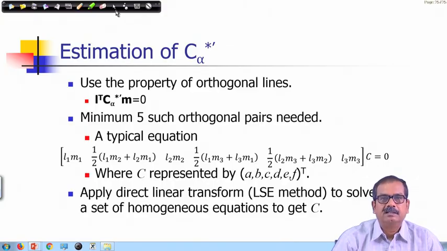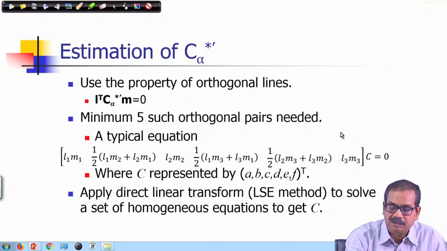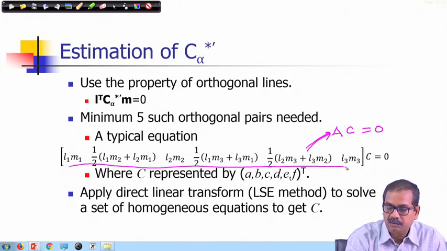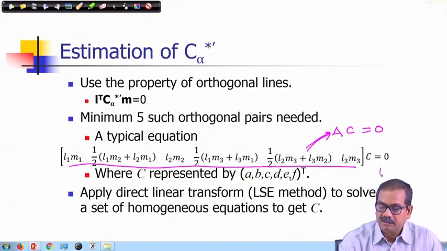We can apply the direct linear transform method to get C, which means that if I express it in terms of a matrix, a set of 5 equations, I can represent them as a matrix multiplication, where each row of A is formed by this particular row for every pair of orthogonal lines, and if there are 5, there will be 5 such rows. If there are more, there will be more rows, and you have to use a least squares method.